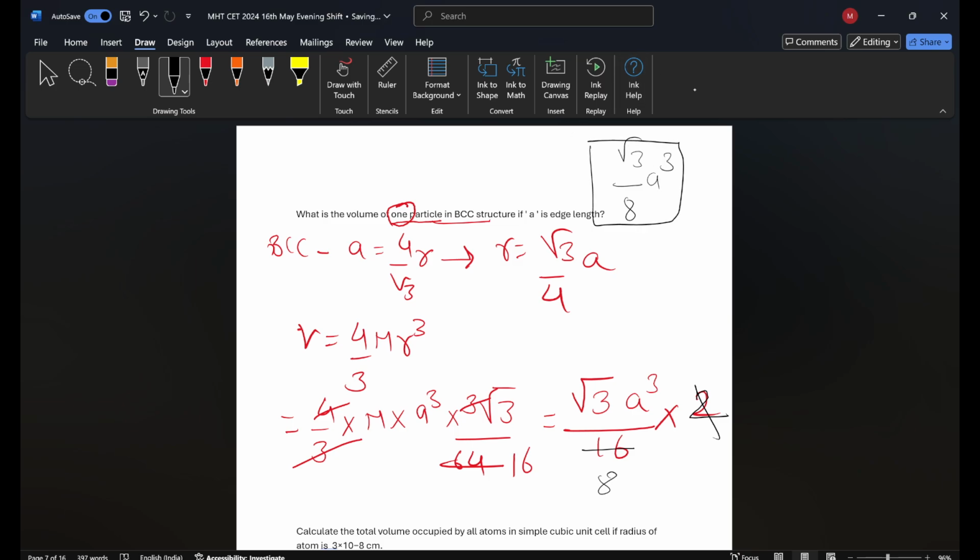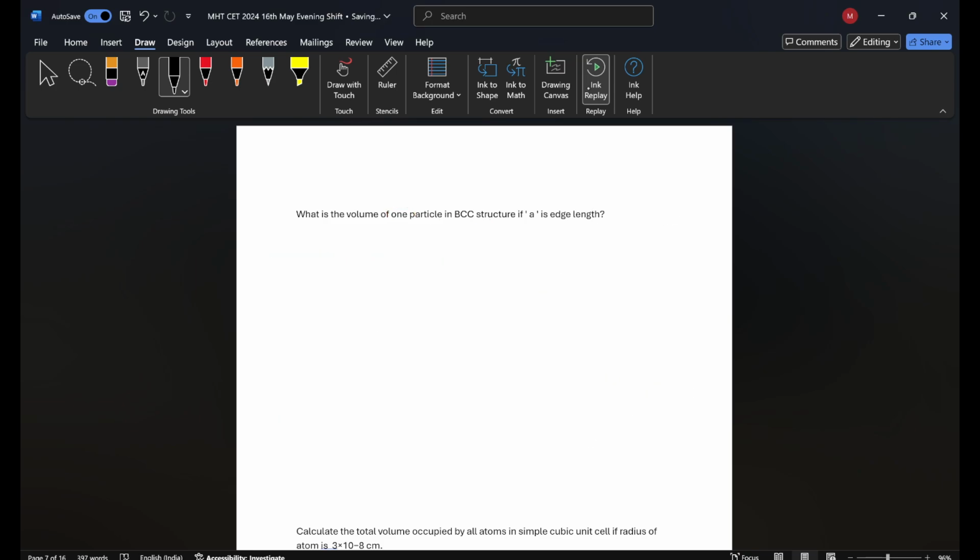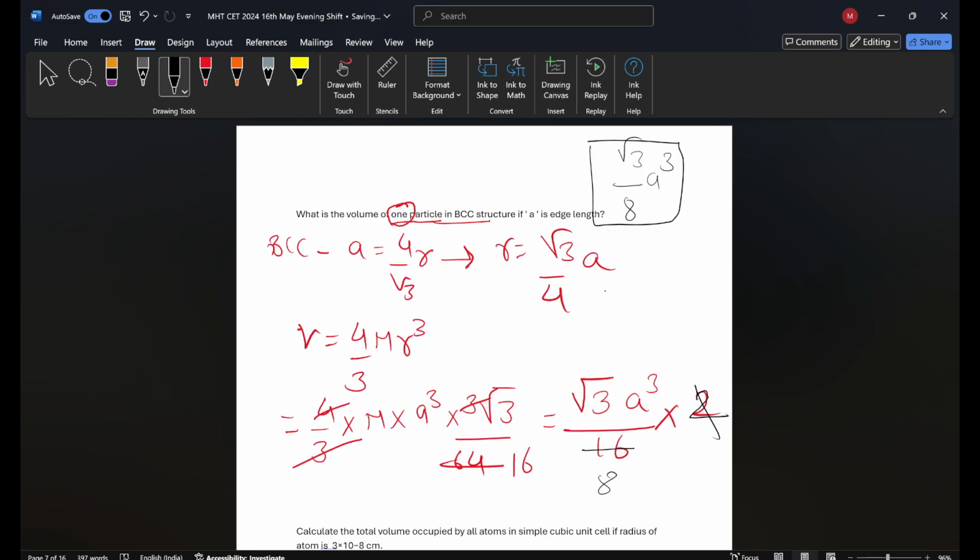I'm telling you, my friends, out of four options, there is one option like this also. So this is a tricky question, and don't get into this. Read the question carefully, what the question is asking, and answer it accordingly. So here it is asking one particle in BCC structure and not the whole BCC structure as a one. So I hope it is clear.